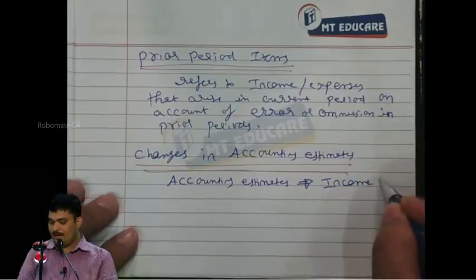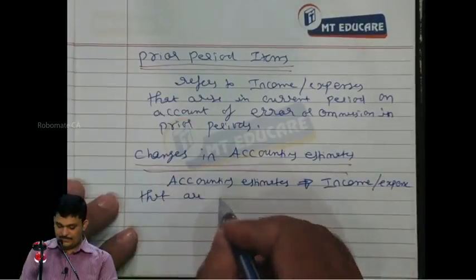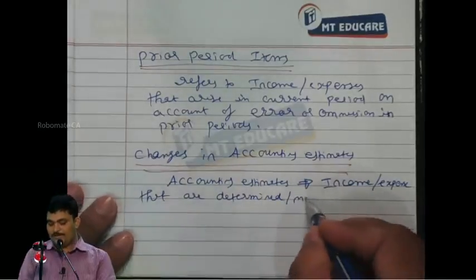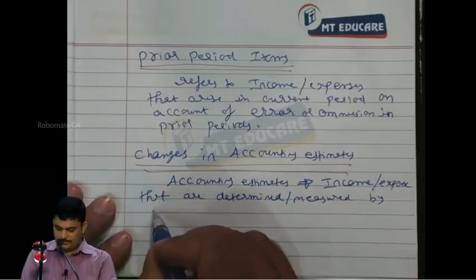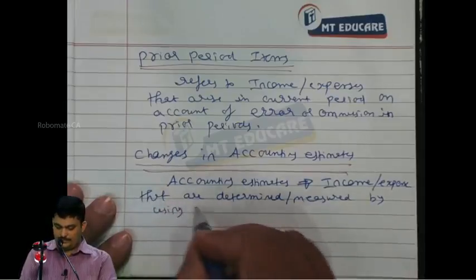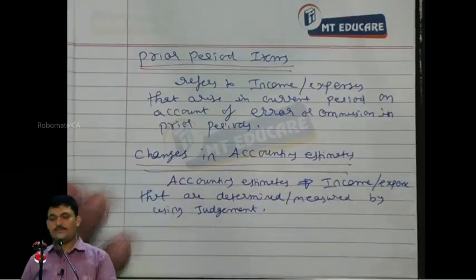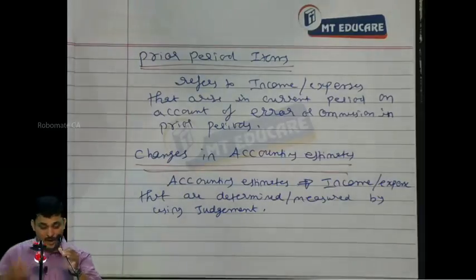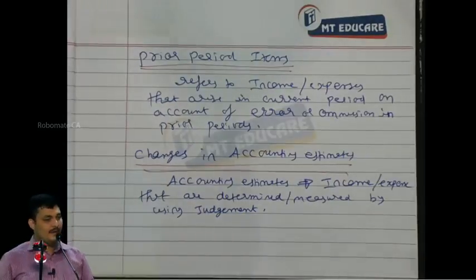Any income or expense that is determined or measured by using judgment is what we call an accounting estimate.